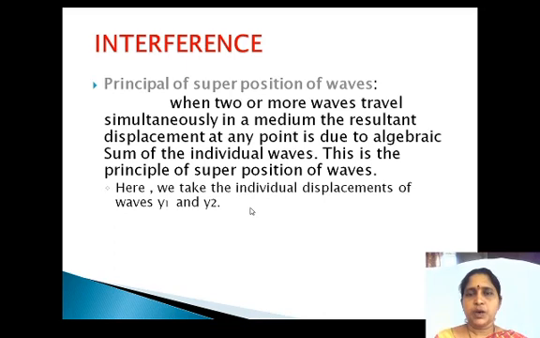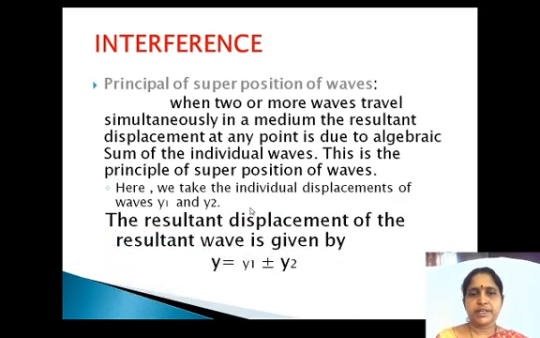When two or more waves travel simultaneously in a medium, at the superposition point the displacement changes as the algebraic sum of the individual displacements. Here we take two individual displacements, y1 and y2.